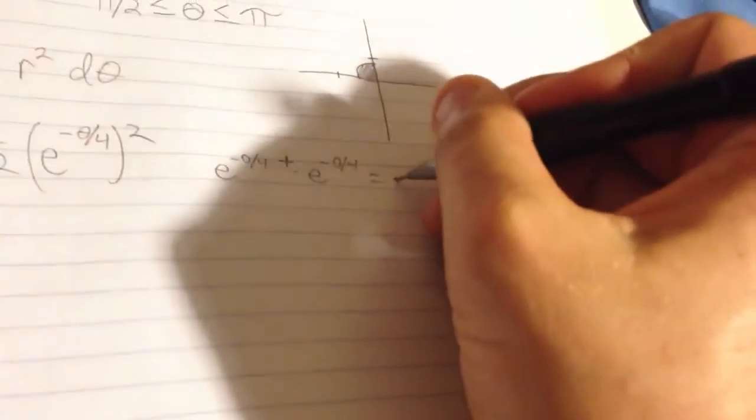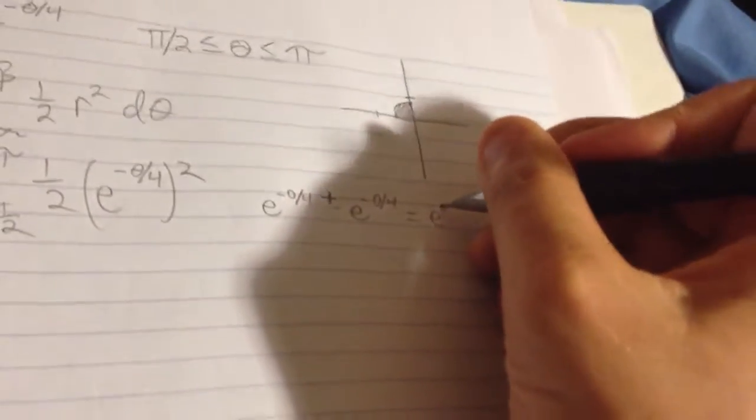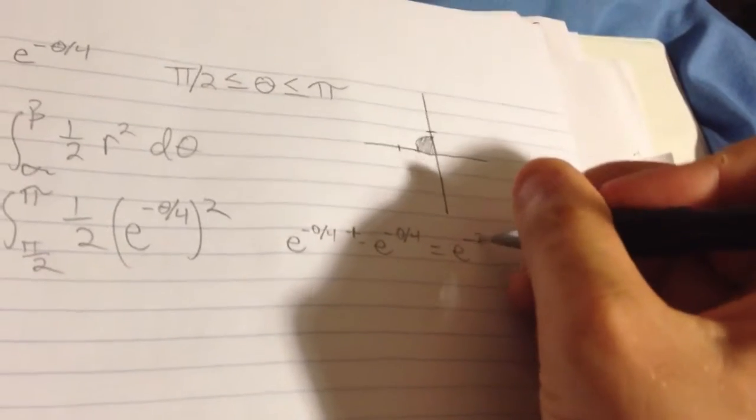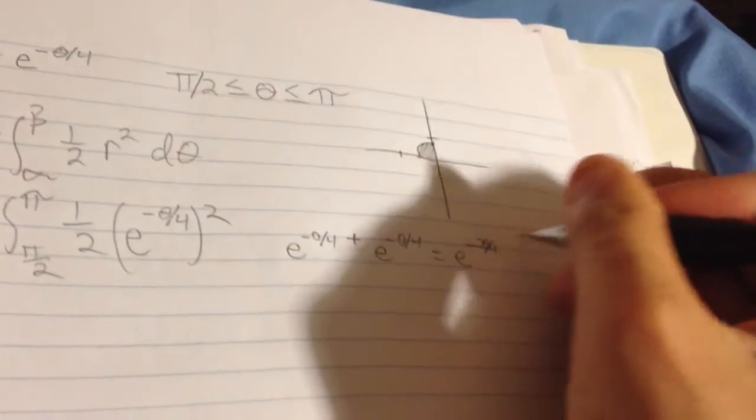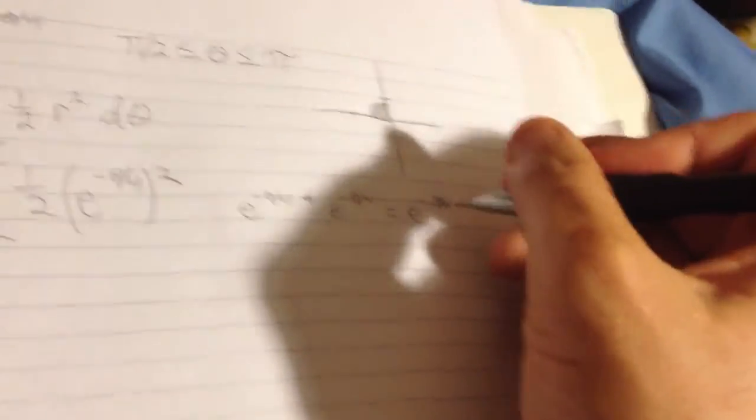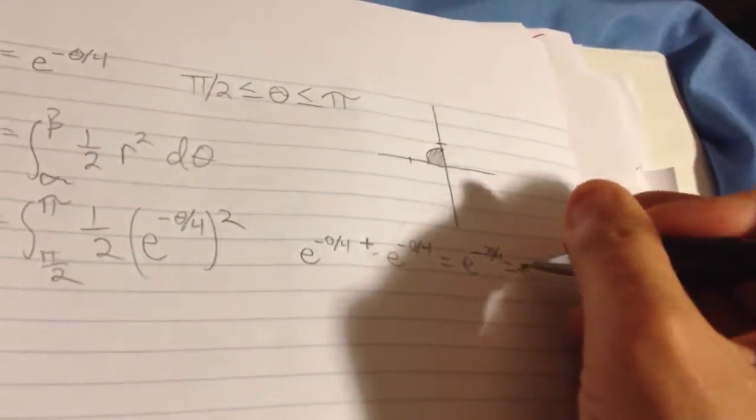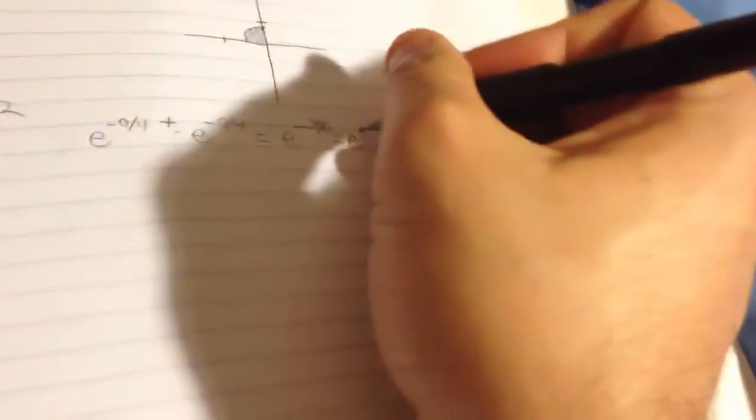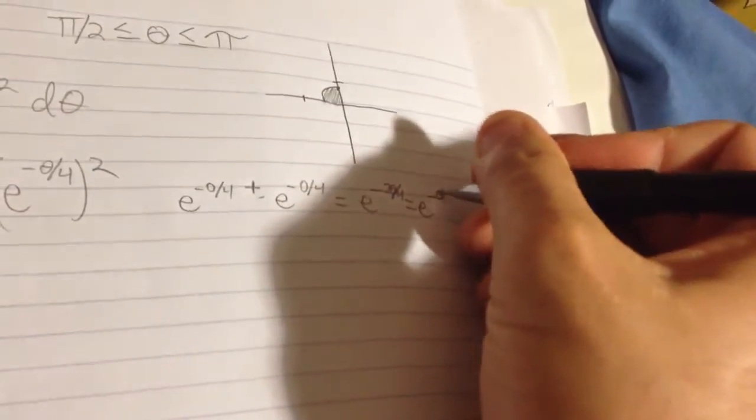Negative theta over 4 plus negative theta over 4 will get you e to the negative 2 theta over 4, which equals e to the negative theta over 2 once you reduce it. You can see that ran a little tight on space there, but that's your r squared.